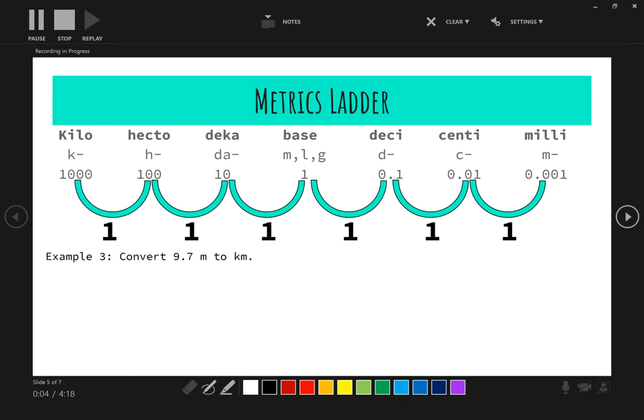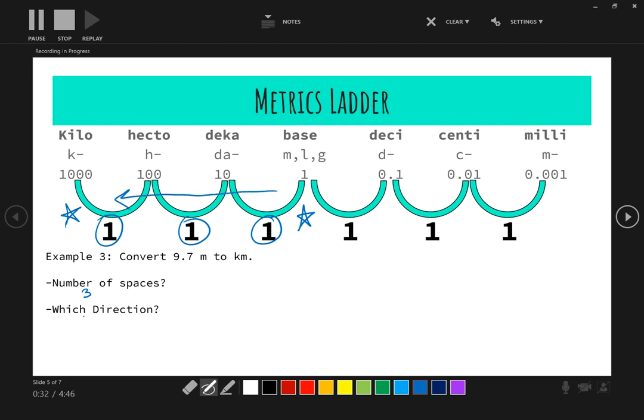All right, so our next example, convert 9.7 m to km. So first, find your m. Where's just your regular m? That's our base unit. Where's km? All right, how many numbers are in between? 1, 2, 3. So we're going to move 3 spaces. In which direction did we count that? We started at m and went to k, so we're moving to the left.